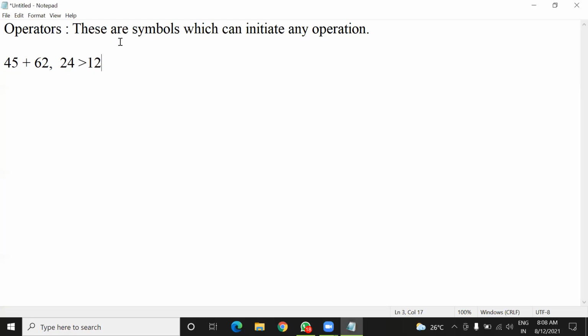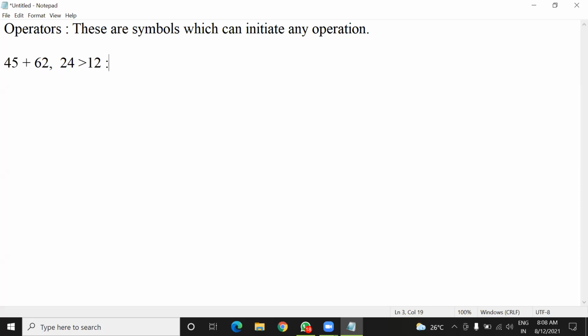So understood, everyone, about operators? Okay. And here these values are known as operands.